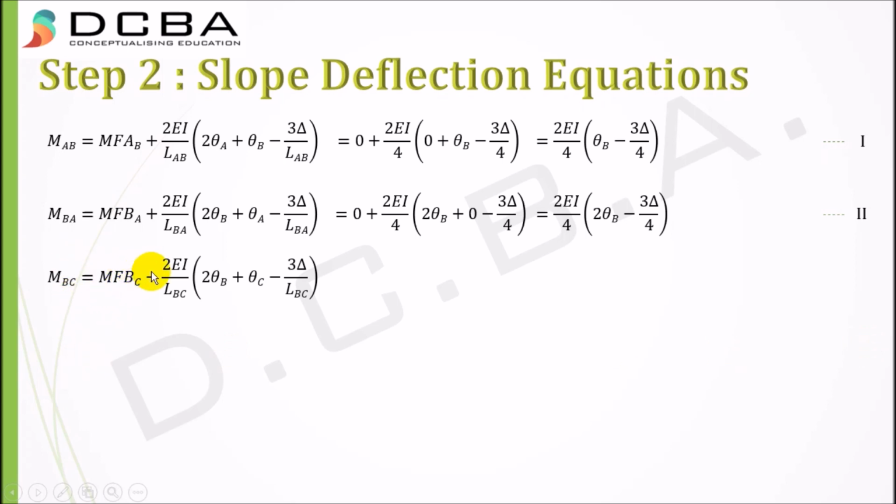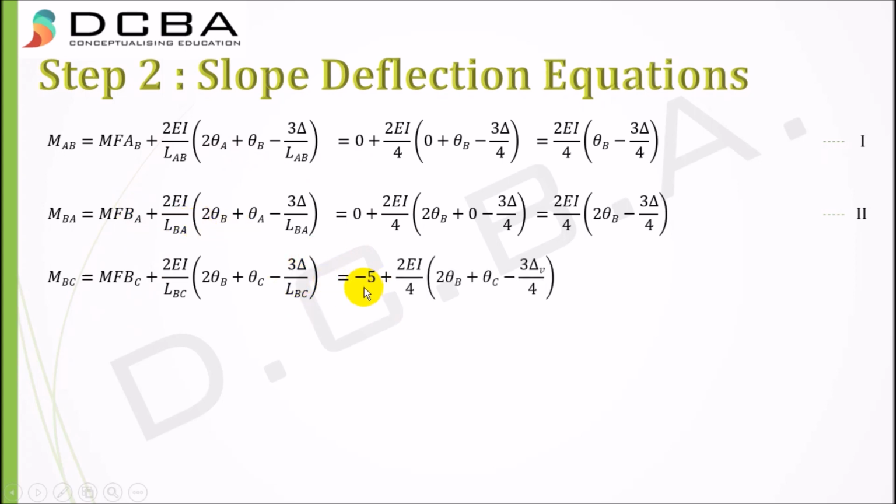MBC is MFBC plus 2EI upon LBC into 2 theta B plus theta C minus 3 delta by LBC. Okay. Now MFBC has got a value. 2 theta B will also remain, theta C will also remain since these are the unknowns. The length of BC is 4. So let us substitute them, and please take a note of delta.